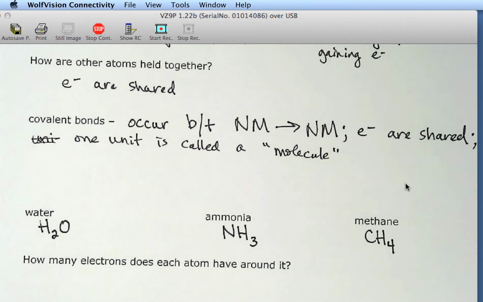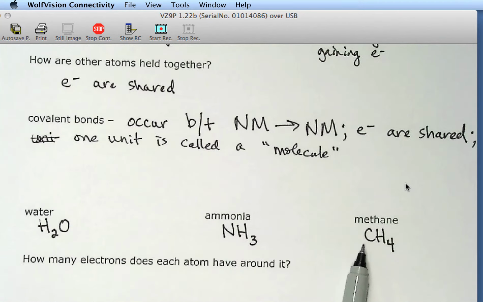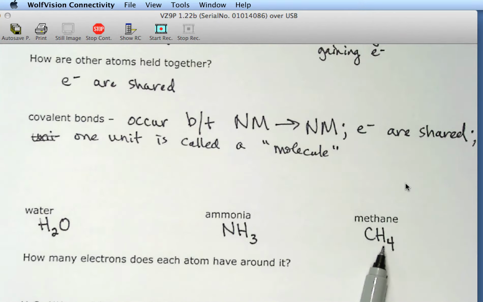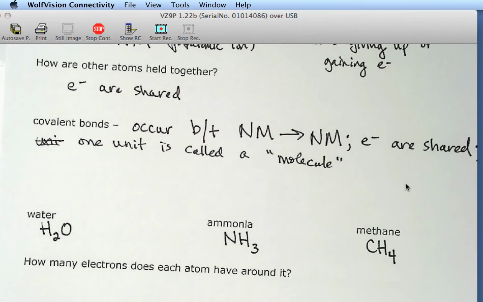But what I want you to notice is that all of these are nonmetal to nonmetal. So hydrogen is a nonmetal, oxygen is a nonmetal. Nitrogen is a nonmetal, hydrogen is a nonmetal. In methane, carbon is a nonmetal, hydrogen is a nonmetal. So that's why they bond via covalent bonds.